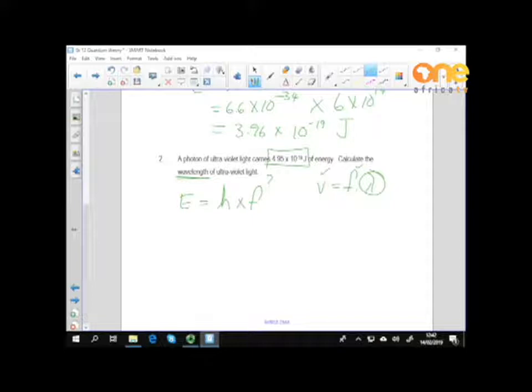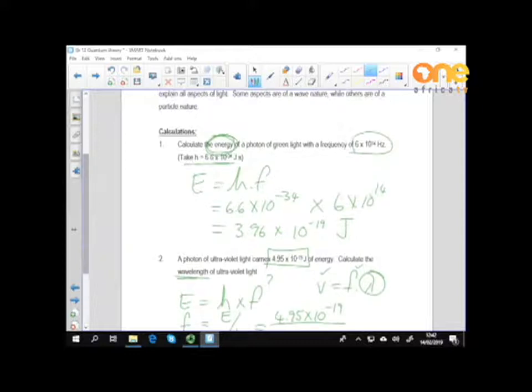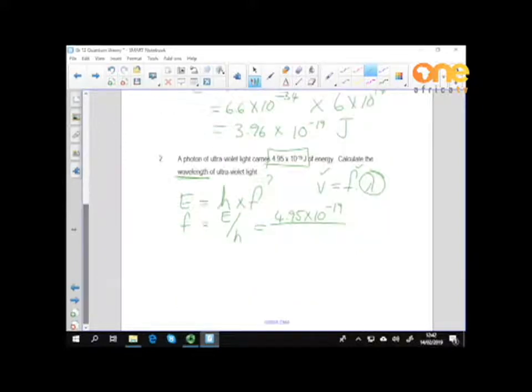All right? So, first step, E equals h times f. So f is equal to E divided by h. The energy is 4.95 times 10 to the power minus 19. h is Planck's constant, given the value of 6.6 times 10 to the power minus 34. That gives me a value of, did I also get that?